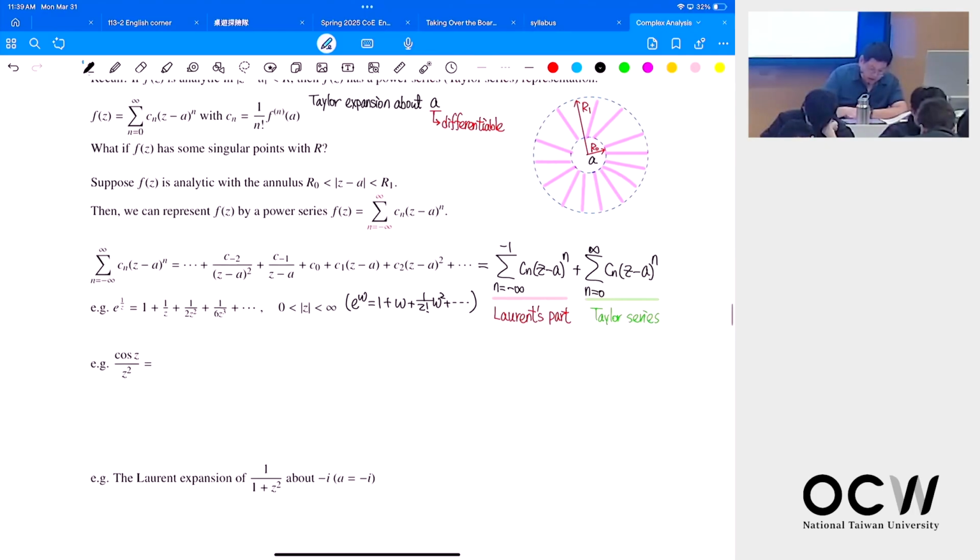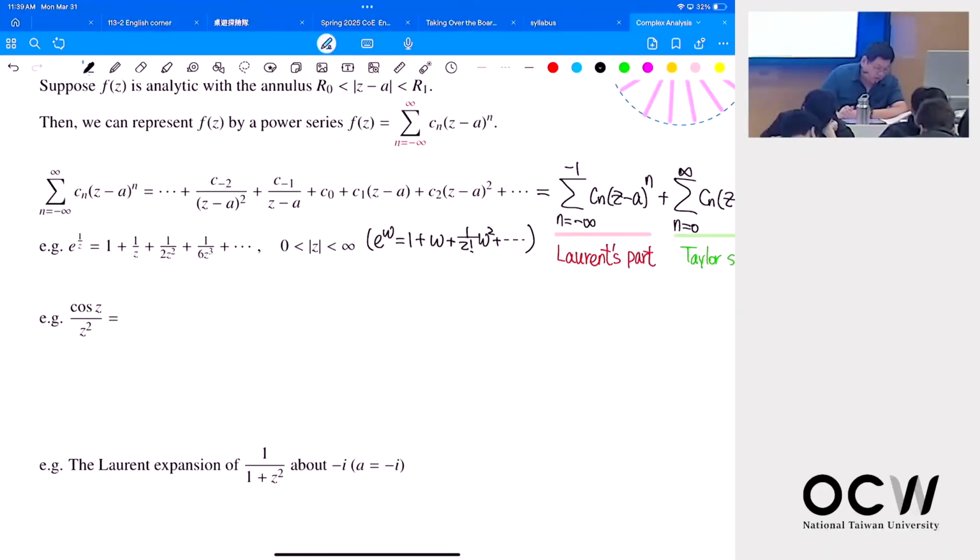And for the next one, cosine z divided by z squared. We know cosine z. We just give them the definition. What is cosine z?